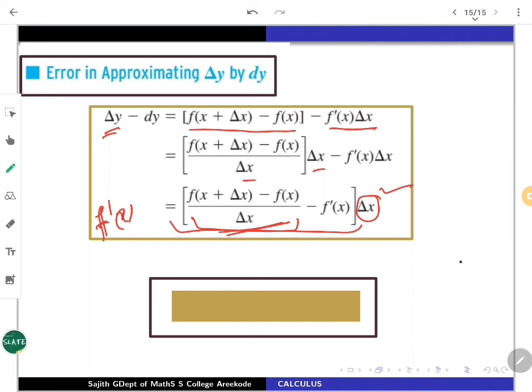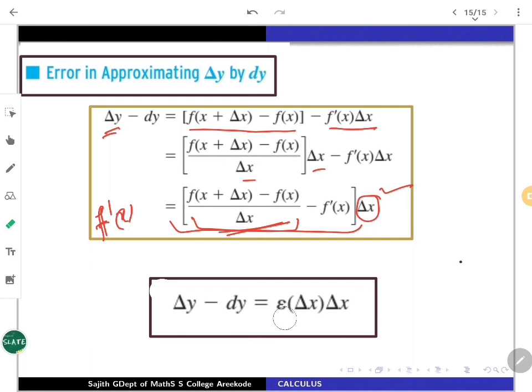So the error in this approximation is very negligible. Delta y minus dy is basically a small quantity depending on x. The usual representation by mathematicians is epsilon of delta x into delta x. This quantity is simply written as epsilon, some function of delta x. This is a very small number, and this is also a very small number.